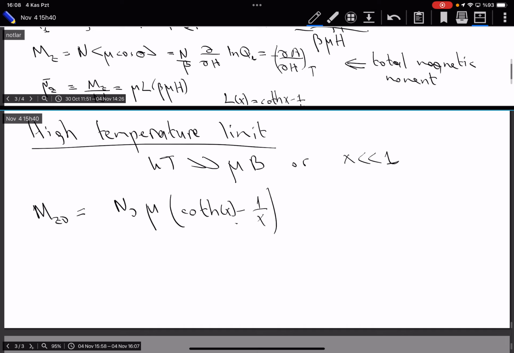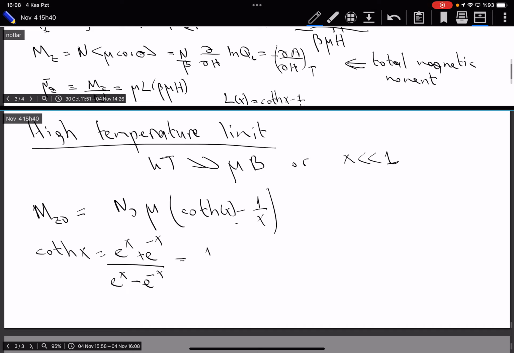How does it change as a function of x? This is e to the power x plus e to the power minus x divided by e to the power x minus e to the power minus x. Well, I can expand each one of those exponentials. I will keep terms up to x cubed.